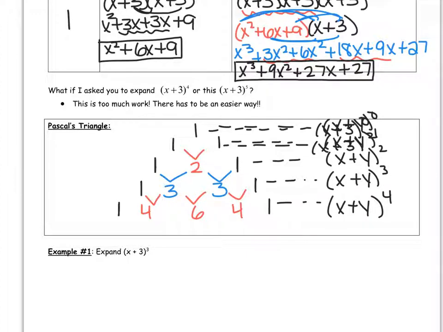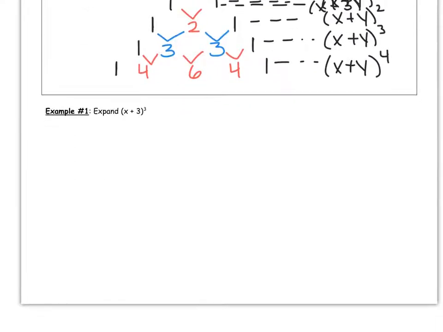So let's see if we could use Pascal's triangle to try to expand this binomial again, x plus 3 to the third, and let's see if we get this same answer up here. Okay, so the way that the expansion works is the first thing that we want to do is we want to write down, this is the first term, and then the 3 is the second term. So first, second.